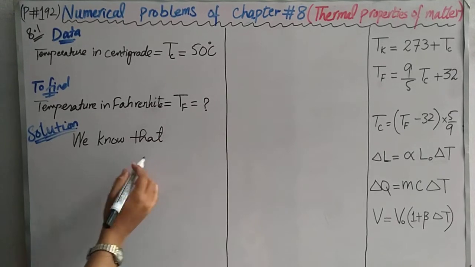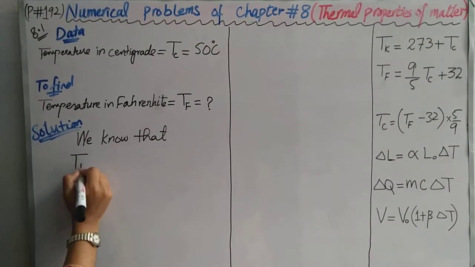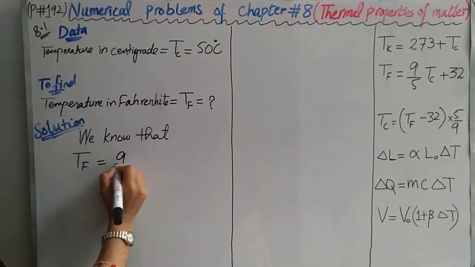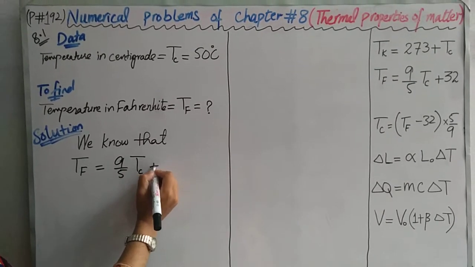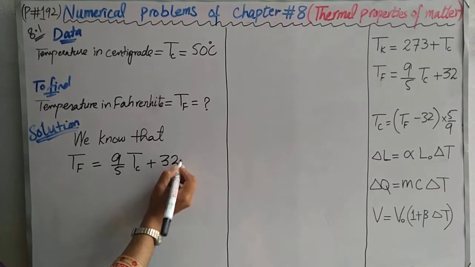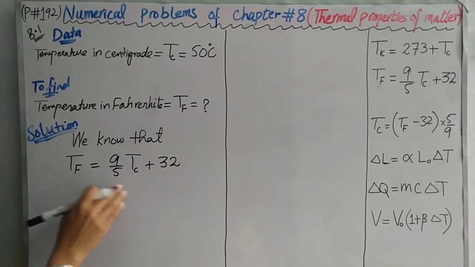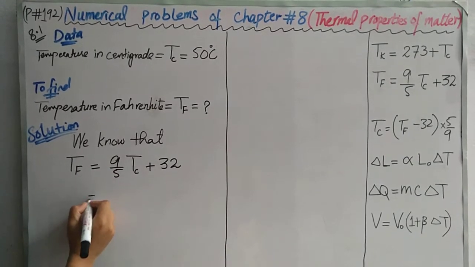the conversion formula from your book is TF is equal to 9 by 5 multiplied by TC plus 32. By inserting the value of Tc in this formula, we will calculate the temperature in Fahrenheit.